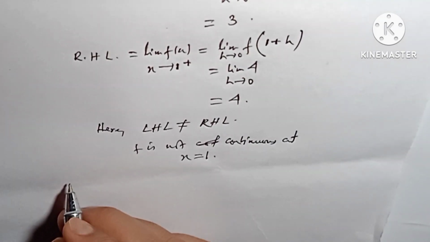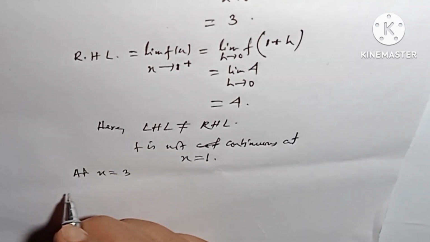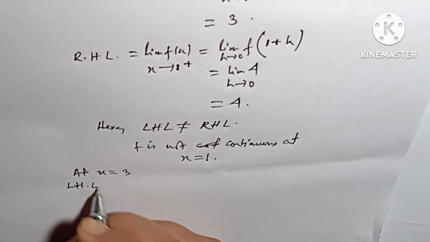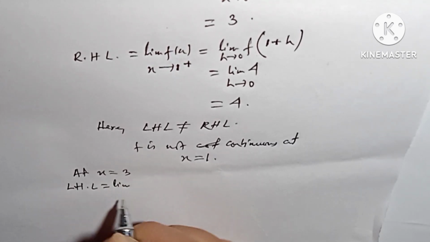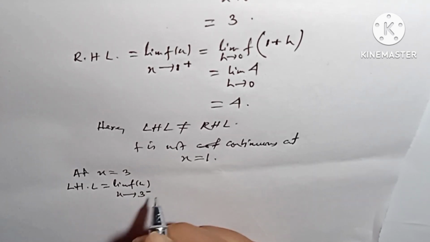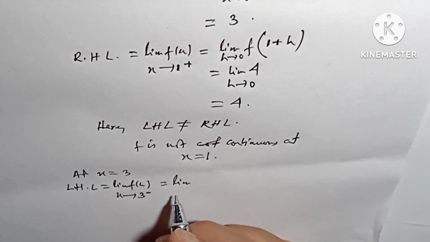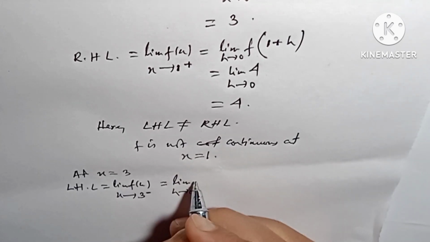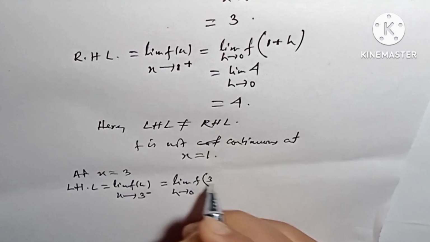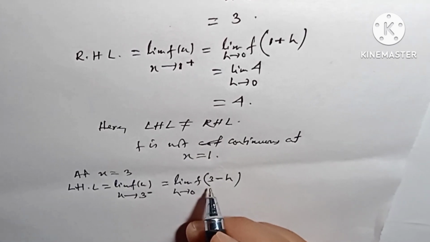And let us check continuity at x equal to 3. Left hand limit equal to limit of f of x as x tends to 3 from the left side, equal to limit h approaches 0 of f of 3 minus h, which is left of 3.